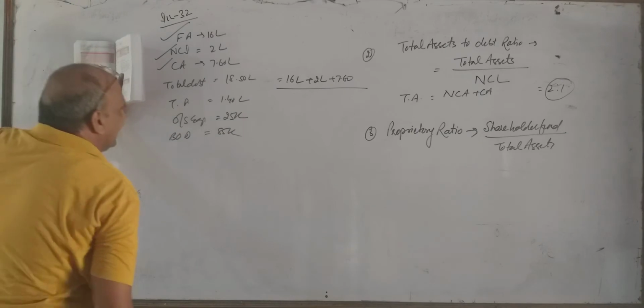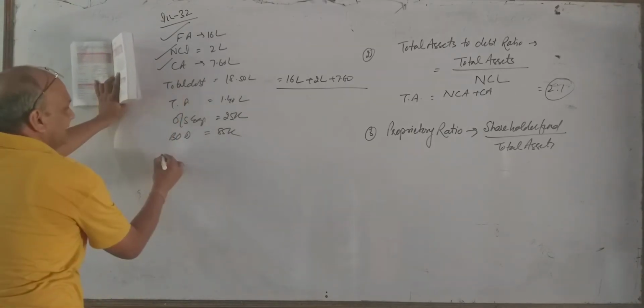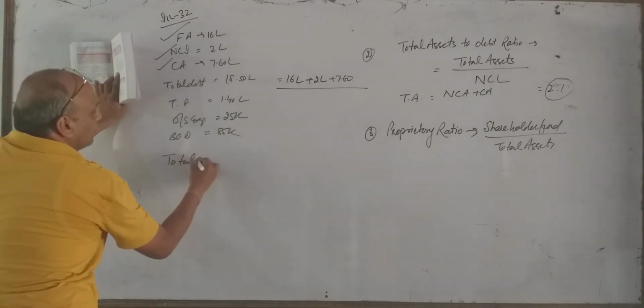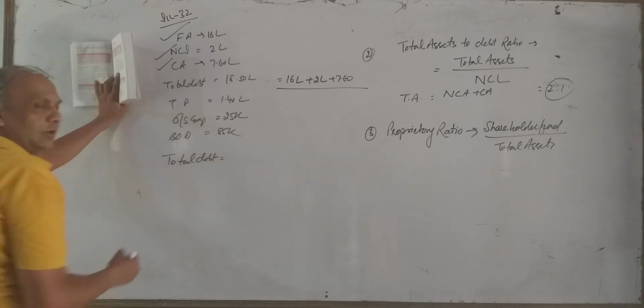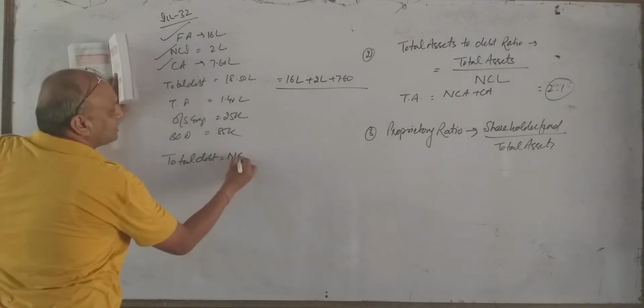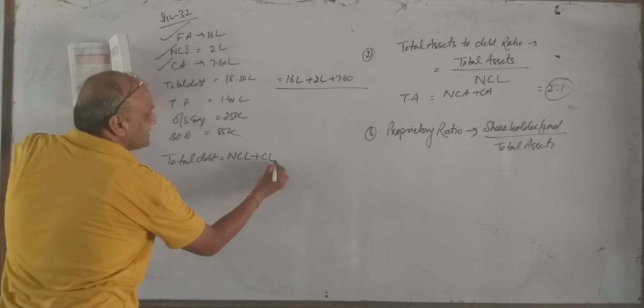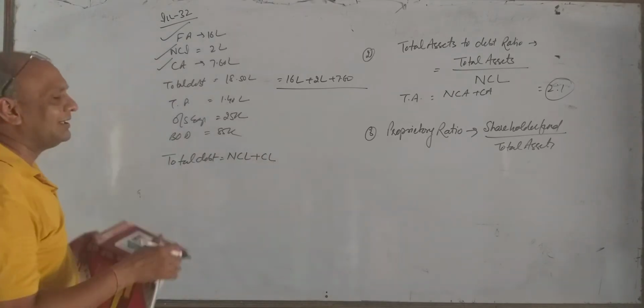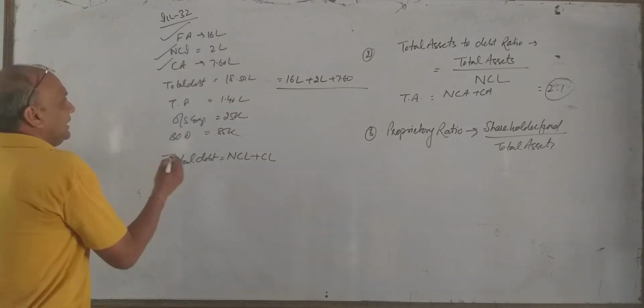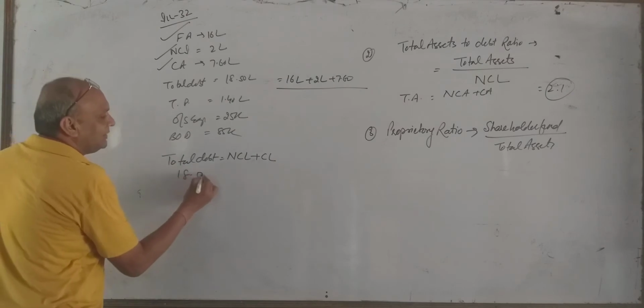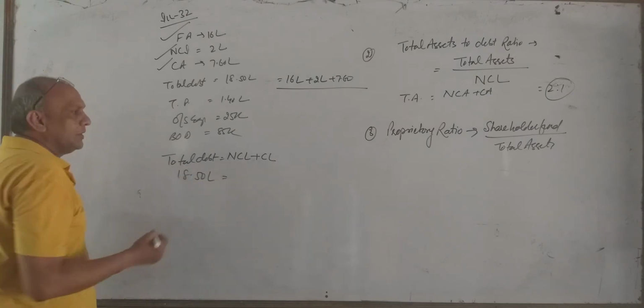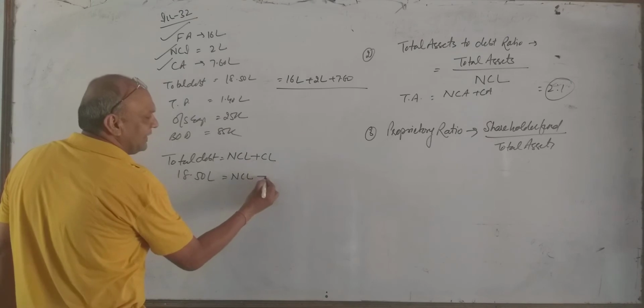Now we need NCL, non-current liabilities. You see, my dear, here we have been given total debt. As I told earlier also, total debt stands for NCL plus CL, non-current liabilities plus current liabilities. Here total debt is given as 18.50 lakh, and CL is not given, we have to calculate.